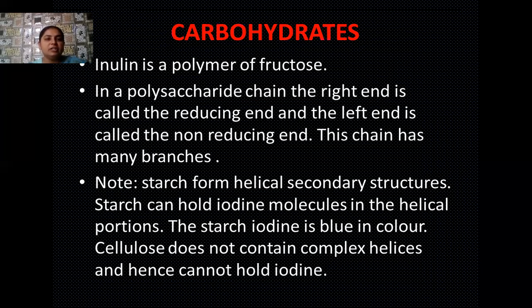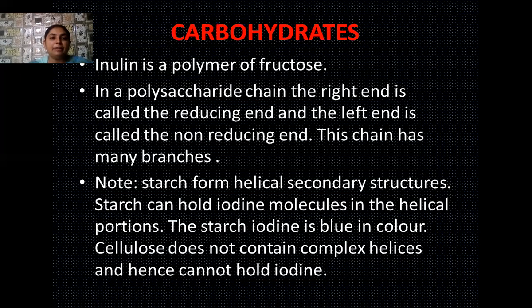Starch, which is a complex type of carbohydrate, always has a helical secondary structure. So whenever you do its iodine test, you always see that the color of the iodine turns blue-black. It is because of the helical structure that is found in the starch molecule. So many helices and folds are present in which these iodine molecules get trapped.